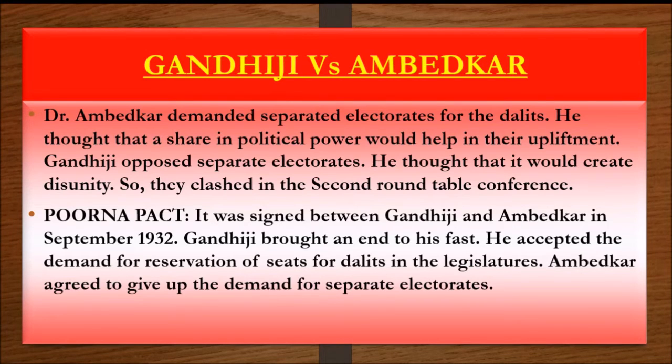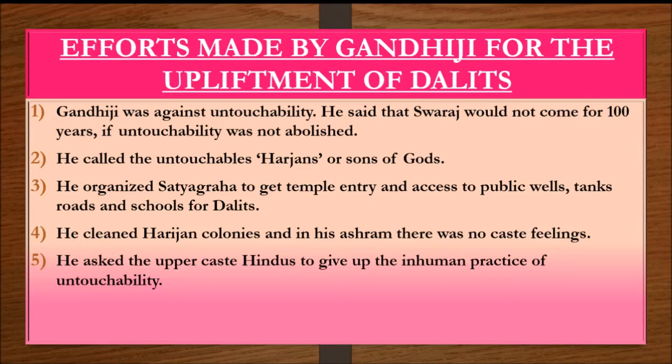Okay. Now here Gandhiji led Satyagraha in favor of Harijans, these Dalits, in order to secure entry for them into temples. He also fought for their basic rights, such as using water from wells and tanks, and using the roads. So he fought for the basic rights of these Dalits, such as access to public wells, tanks, roads and schools.